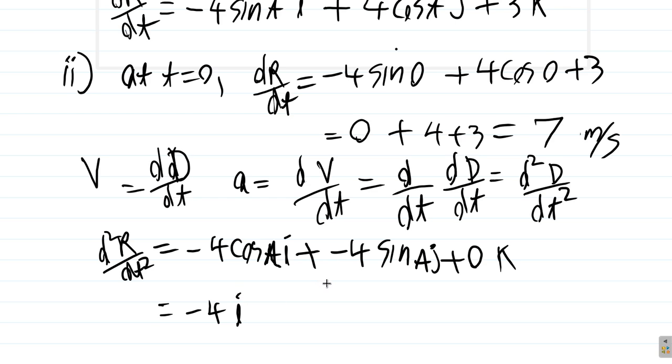Sine of 0 is 0, so the j component becomes 0, plus 0. So it's negative 4 in the i direction, meters per second squared. Alright? So negative 4 meters per second squared.